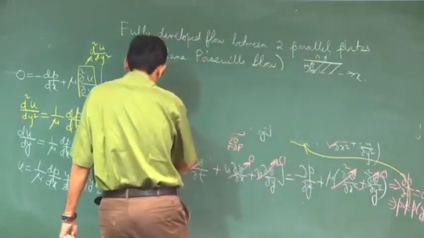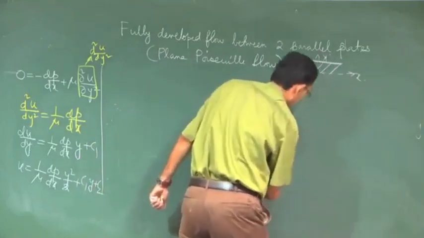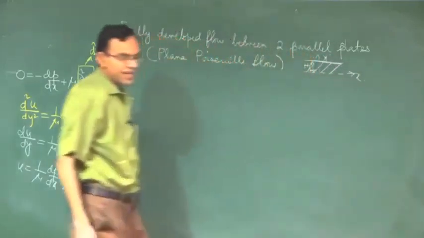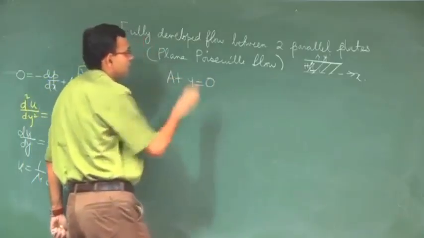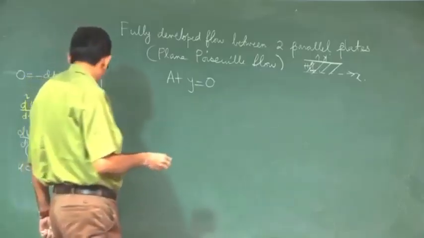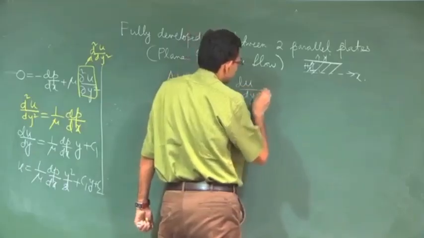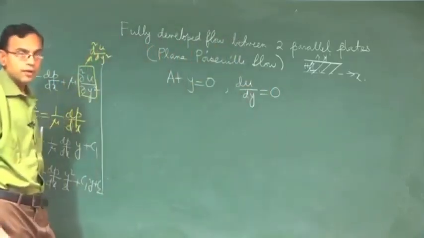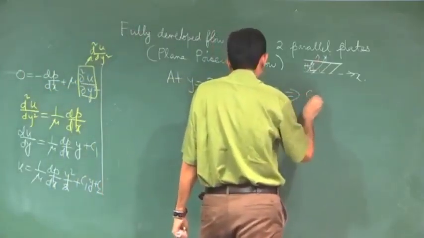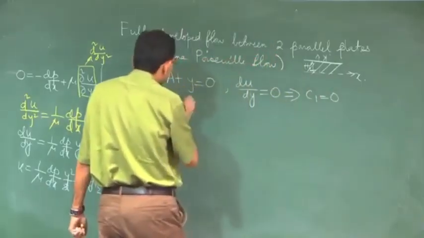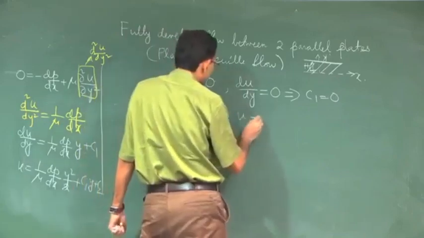So, at the center line, at y equal to 0, you have du dy equal to 0, because it is symmetric, u is maximum at the center line and that means C1 is 0, and at y is equal to h by 2, u is 0, no slip.